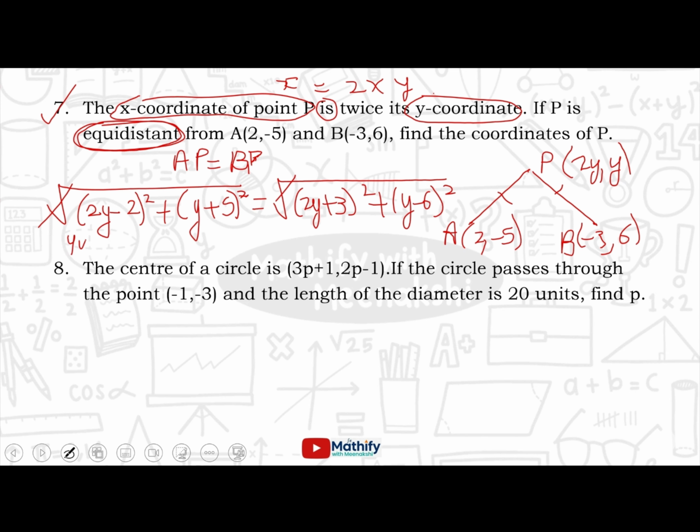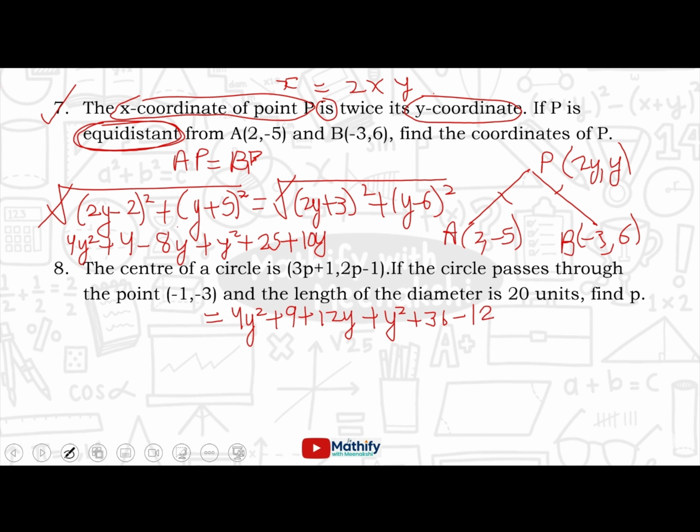2y square, that is 4y square, plus 2 square, that is 4, minus 2ab, that is minus 2 into 2y into 2, it becomes 8y, plus again a plus b whole square, a square plus b square, that is 5 square, 25, plus 2ab, that is 10y, is equal to, I'm writing is equal to here, 2y square, that is 4y square, plus 3 square is 9, plus 2 into 2y into 3, that is 12y, plus y square, plus 6 square is 36, minus 2 into y into 6, minus 12y.